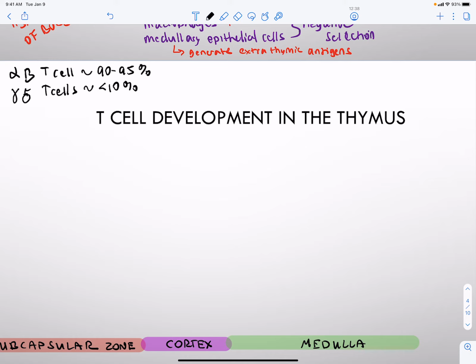So let's talk a little bit about how this works. So again, we were in the bone marrow, and then we came to the thymus, and now we are a double negative thymocyte. And in this double negative stage, we're going to do our beta, gamma, and delta rearrangements.